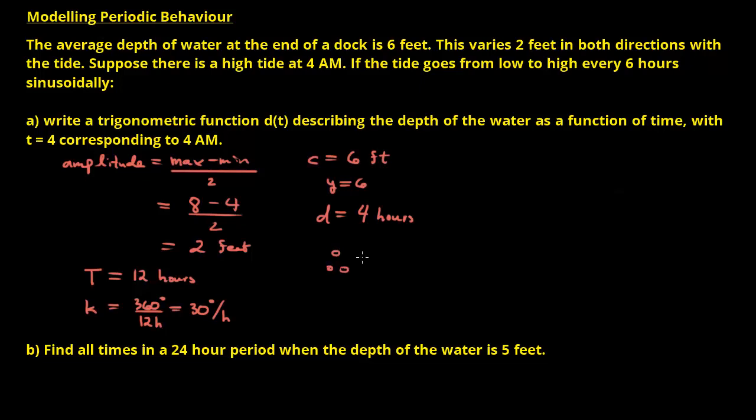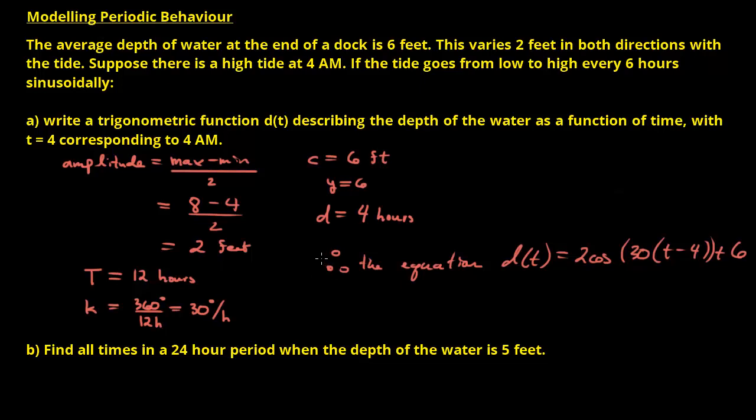Therefore, the equation d of t is equal to 2 times the cosine of 30 times t minus 4, plus 6. Okay, so that's the first part of this question.